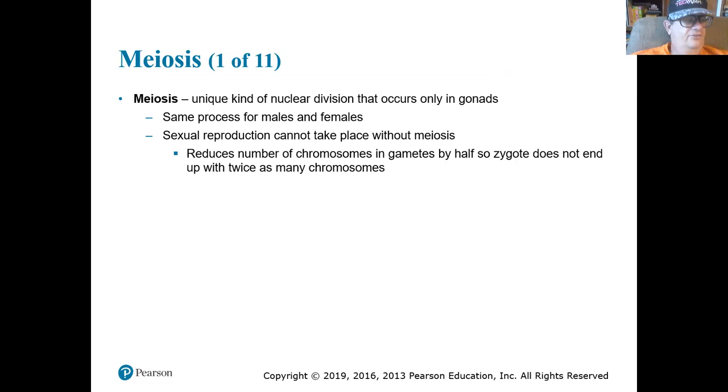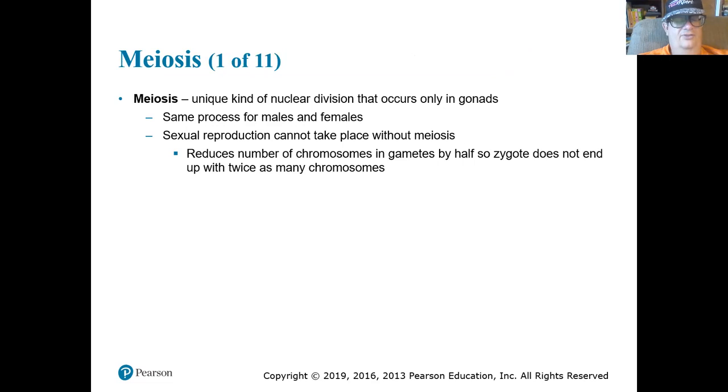So meiosis is cell division that creates gametes. You know that mitosis is normal cell division. Mitosis is how we make the cells to repair wounds, to grow, or to replace old worn out cells.